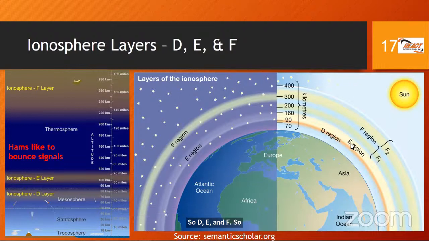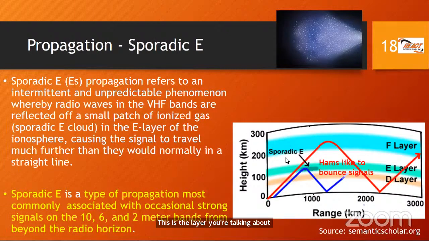When we talk about the E layer, or E, or the E region, this is the layer we're talking about. So sporadic E refers to the E layer. Again, this is the Earth here, and you have the E layer above the Earth, which is the ionosphere E layer. Every now and again, something causes a cloud of ionized gas to appear in the E layer.